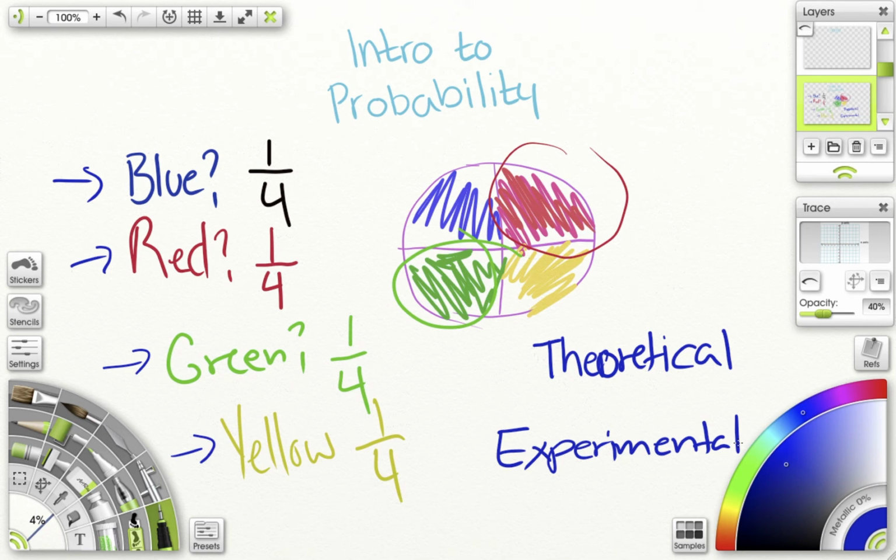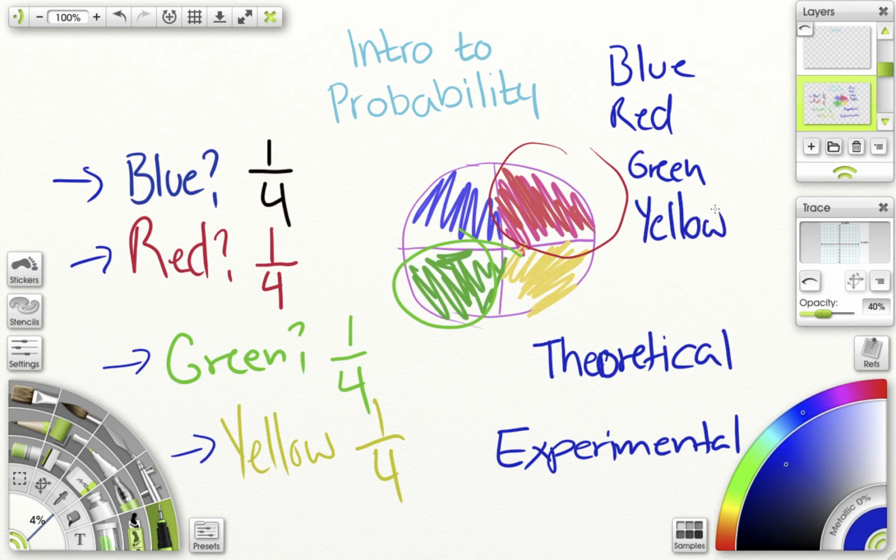So if I took a spinner and actually spun it around 4 times, I may not land on each color once. Maybe I land on blue twice. So if I record it with a tally chart, such as blue, red, green, and yellow, I'm going to spin the spinner 4 times. Let's say it lands on blue once, it lands on red once, and then it lands on green twice.